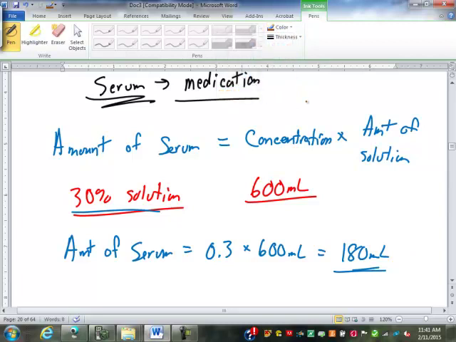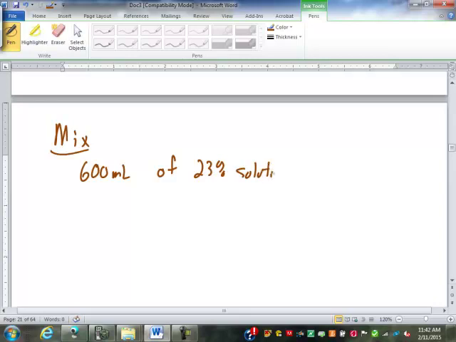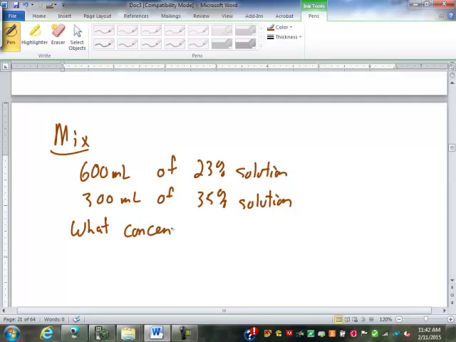So if we mix 600 milliliters of a 23% solution and 300 milliliters of a 35% solution, what concentration will we have? Or what will be the percent of the solution?